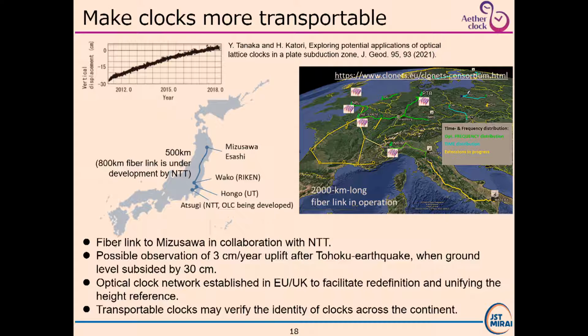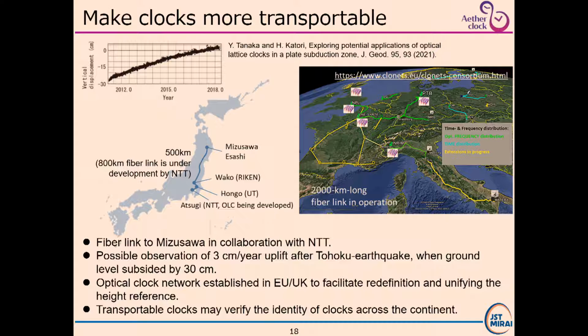We had a big earthquake 11 years ago in this area. In the earthquake, the ground level subsided by 30 centimeters. 11 years ago, 30 centimeters. And after that, we see an uplift of 3 centimeters every year.